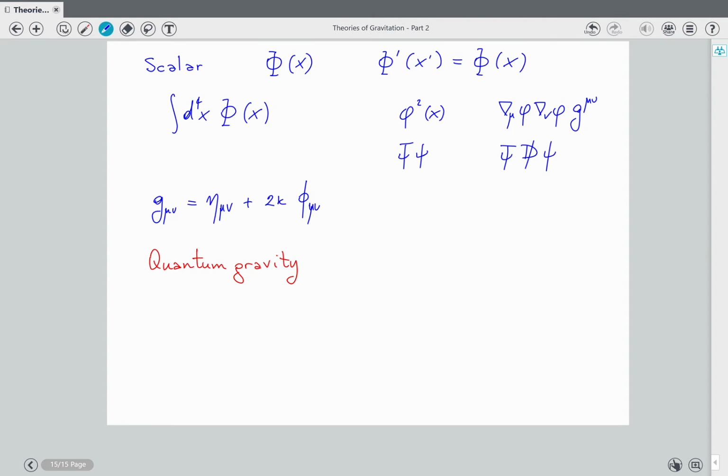So the diagram is very simple. It's called the bubble diagram.